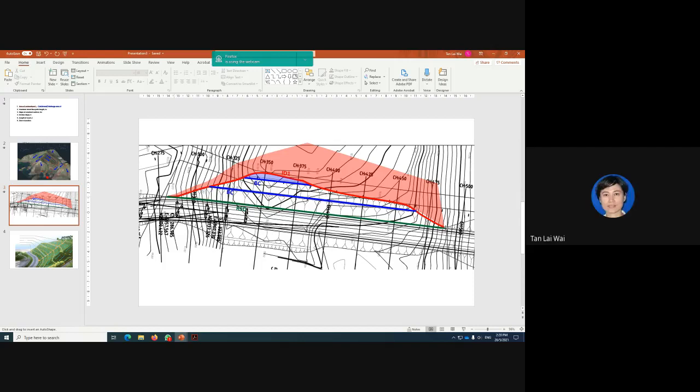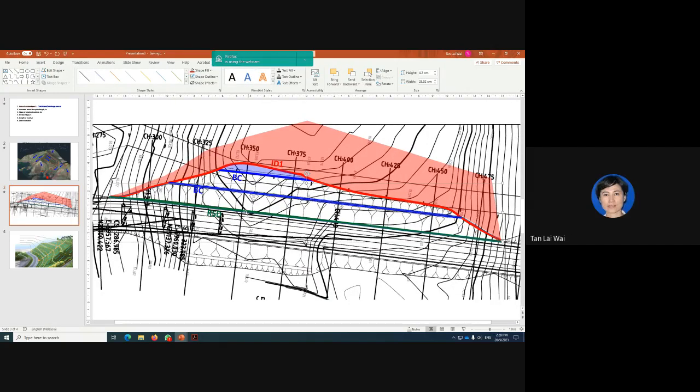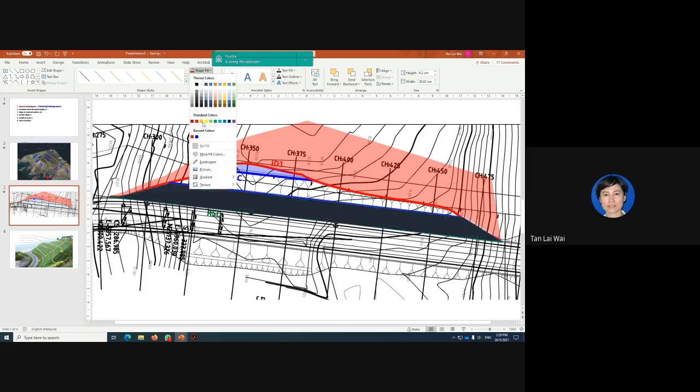So you are going to see this part here. I'm going to enlarge it a bit. For this roadside drain, RSD, you need to consider two parts.